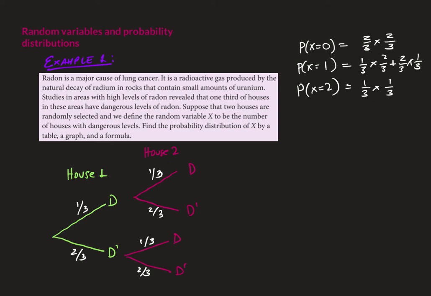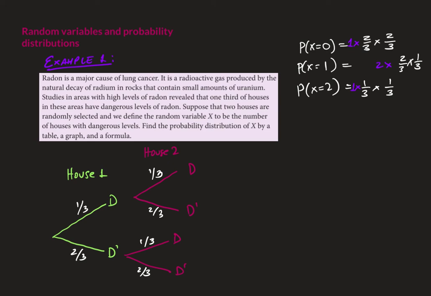I can rewrite the probability for 1 as 2 times 2/3 times 1/3. And then I notice the other coefficients could be 1 times and 1 times. Now those coefficients that are in purple are binomial coefficients, 1, 2, 1.